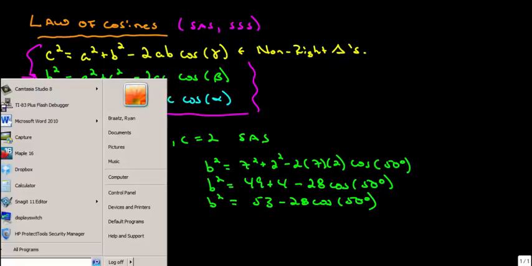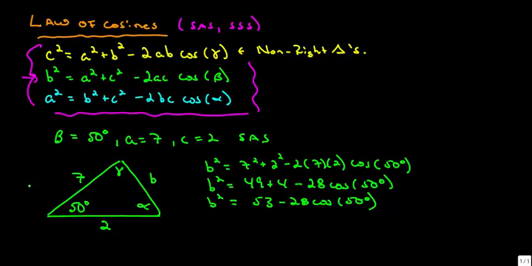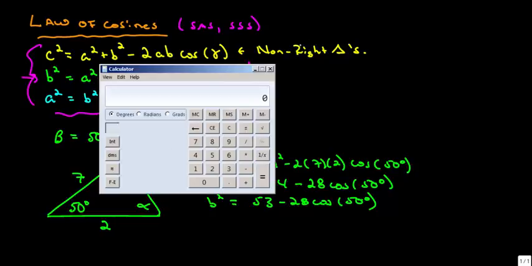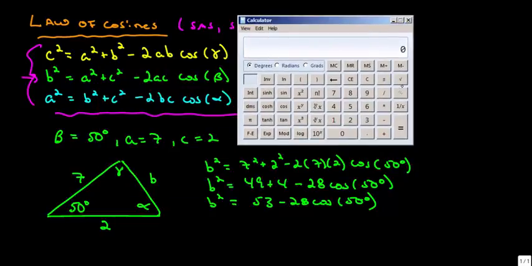So I'm going to go ahead and grab our calculator here. Okay, so we need the cosine of 50, so I'm in degrees. Now I'm going to take that, multiply it by 28, and I'm going to take 53 and subtract that. So 53 minus approximately 18. So I'm going to get 35.